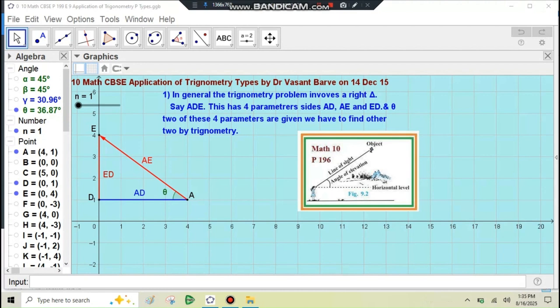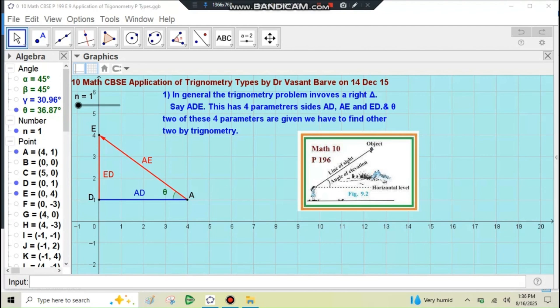Now here, two of the parameters will be given to you and the other two parameters you can easily find out. Now this is one sketch from the NCERT book, and on page 196 you'll see that some kite is flying and this girl is watching that.